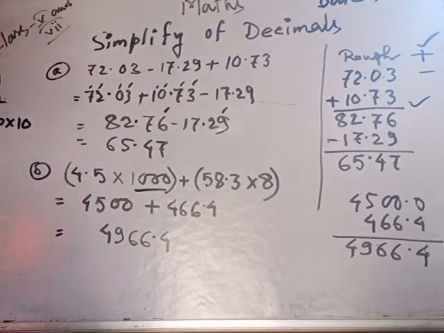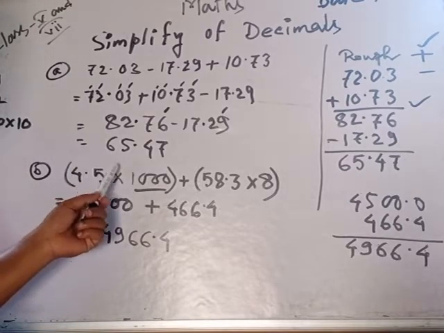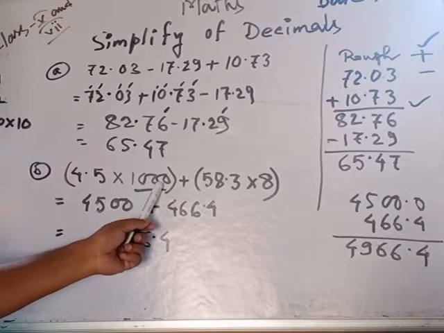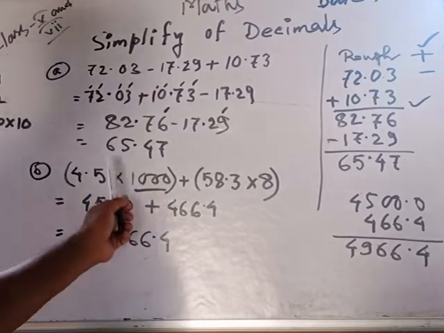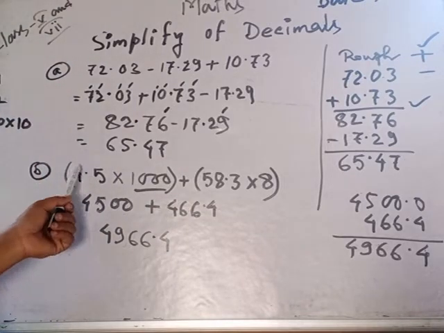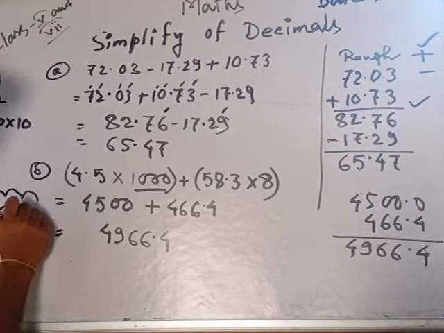That means we should put the point after 3 digits; the point goes before 3 digits. If it is 4.5, the point goes after 3 digits: 1 digit here, 2 digits here, and 3 digits here.